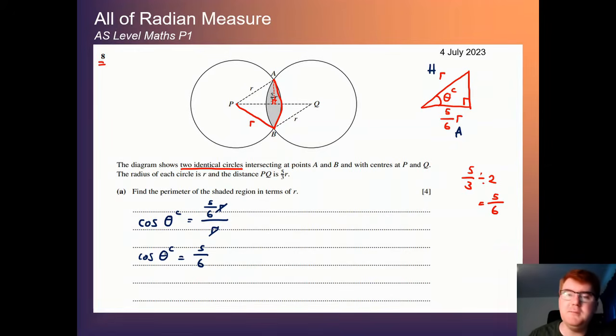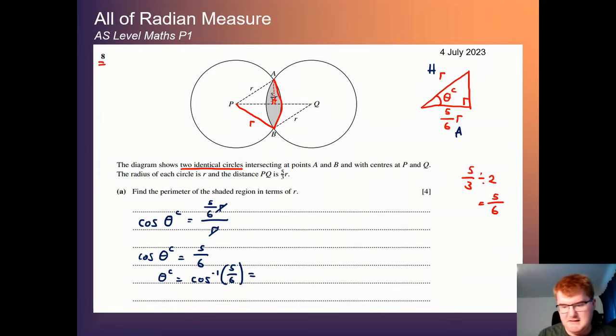If we do the opposite of cos, that's inverse cosine. So theta is the inverse cosine of 5 over 6. Again, we're going to keep this in radians, as I said earlier. Cosine inverse 5 over 6 gives us 0.5856 dot dot dot, which I'm going to keep in my calculator. That gives me this angle here, which is helpful.